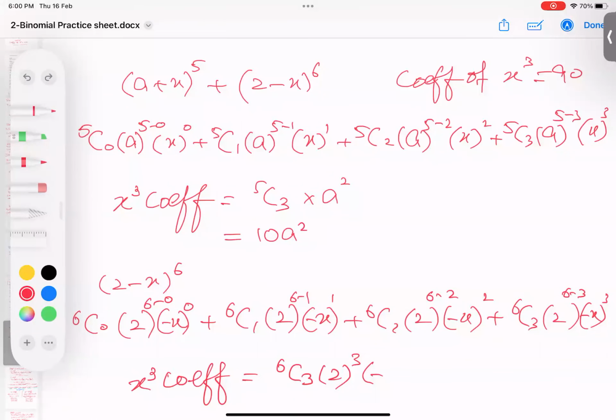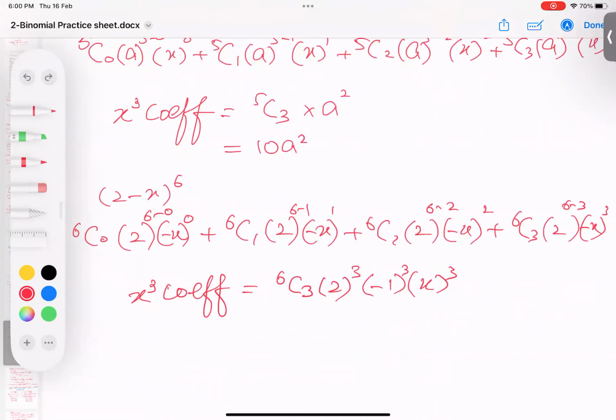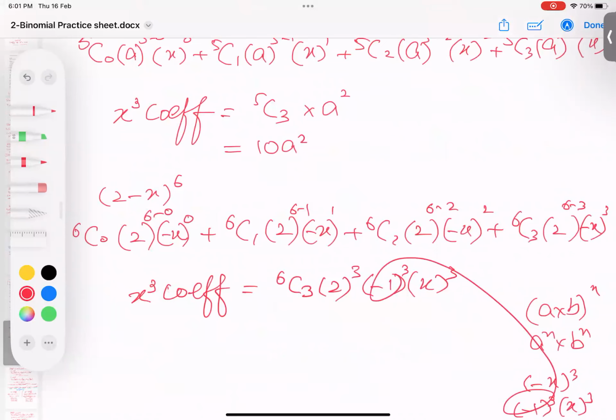I can write it as negative 1 to power 3 separate and x to power 3 separate. The logic: whenever two terms are multiplied inside a bracket with a power on top, the power goes to both terms separately, like a to power n, b to power n. So for negative x to power 3, minus 1 to power 3 is separate and x to power 3 separate. That is why I wrote minus 1, and x cube no need to write, because we are writing only the coefficient of x cube.